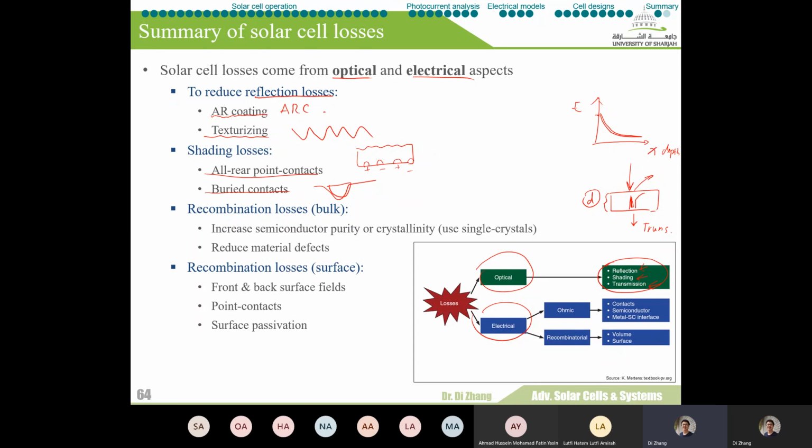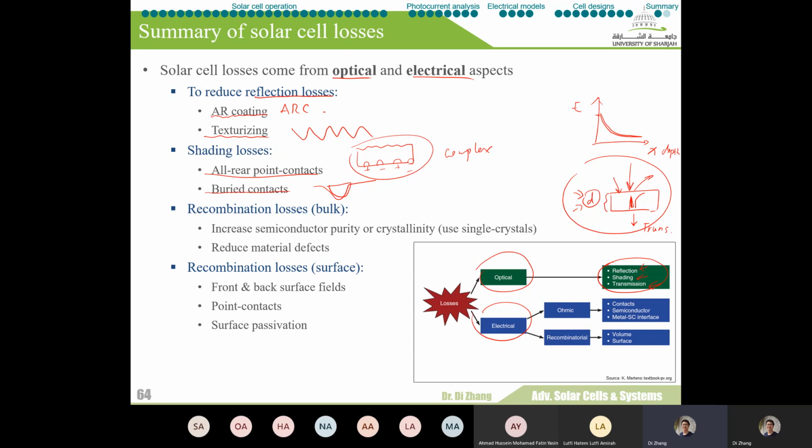Actually, the all rear contact design of course provides zero shading losses, but remember at the same time this design is more complex. And then for transmission loss, we already mentioned the solution, even though it's not written here. But overall, for your solar cell, you have to find a balance between the electrical diffusion length and the optical absorption efficiency, mainly by controlling the thickness, and also by controlling the quality of the material.